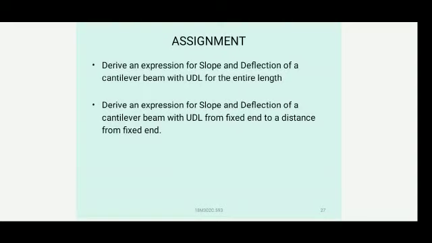Assignment questions. Number 1: Derive an expression for slope and deflection of a cantilever beam with a uniformly distributed load for the entire length. Number 2: Derive an expression for slope and deflection of a cantilever beam with UDL from the fixed end for a distance from the fixed end.